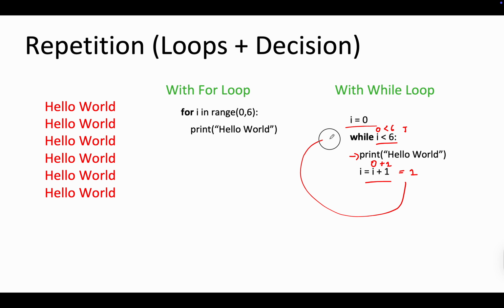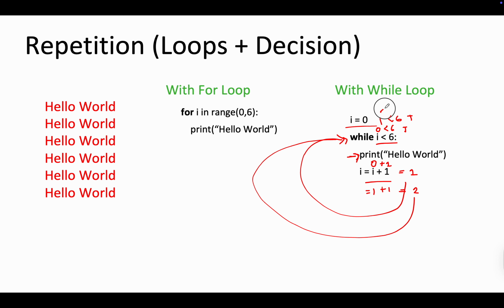So you need to go back again, repeat, and this time I will now be 1. Is 1 less than 6? Yes, it's true, so I need to print hello world again, and this time my I is 1 and I add 1, so that makes it 2, and I repeat again, check.